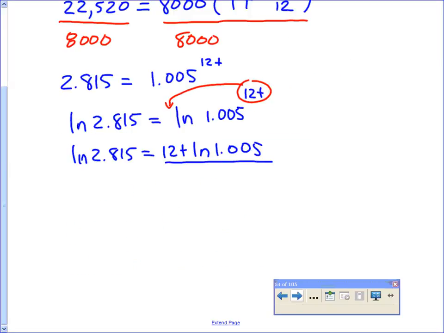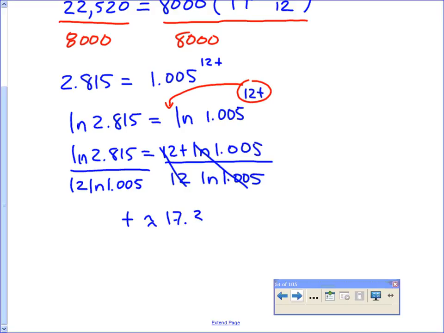And now I can divide by anything I don't need. Okay, these cancel, and we use our calculator to find out that t is approximately 17.3 years.